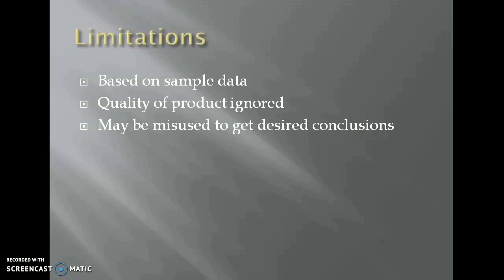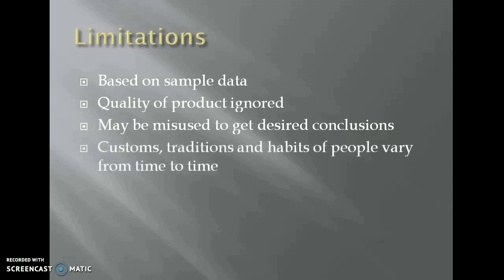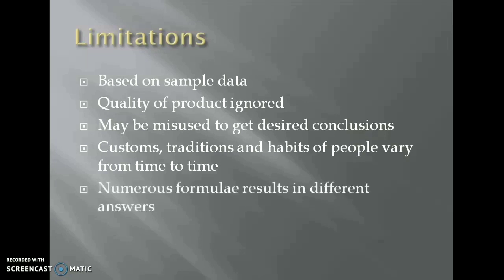And then the next one is that customs, traditions and habits of people vary from time to time. We cannot expect to have a demand for all the products all the time. A particular product will have its own season to be used, isn't it? So customs, traditions and habits of people vary from time to time. And the last one is that numerous formulas result in different answers.